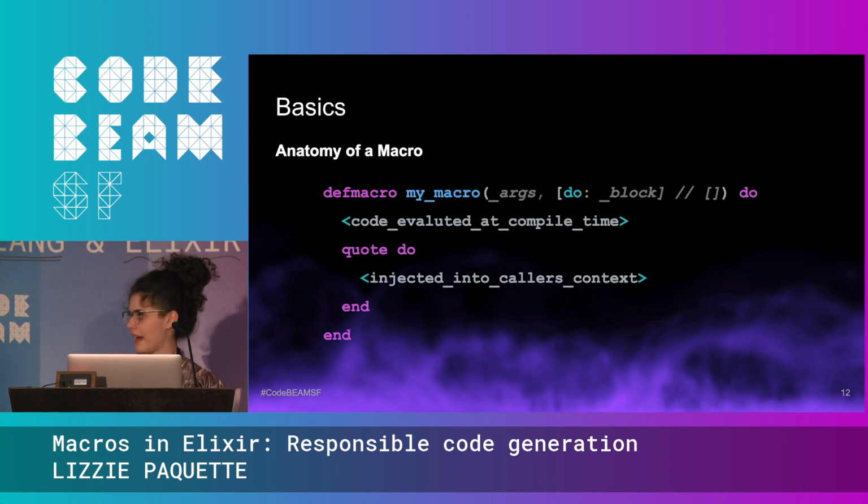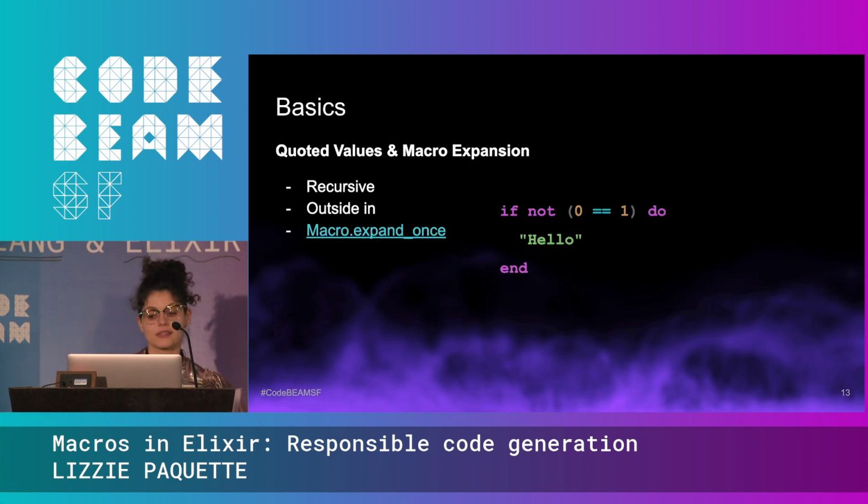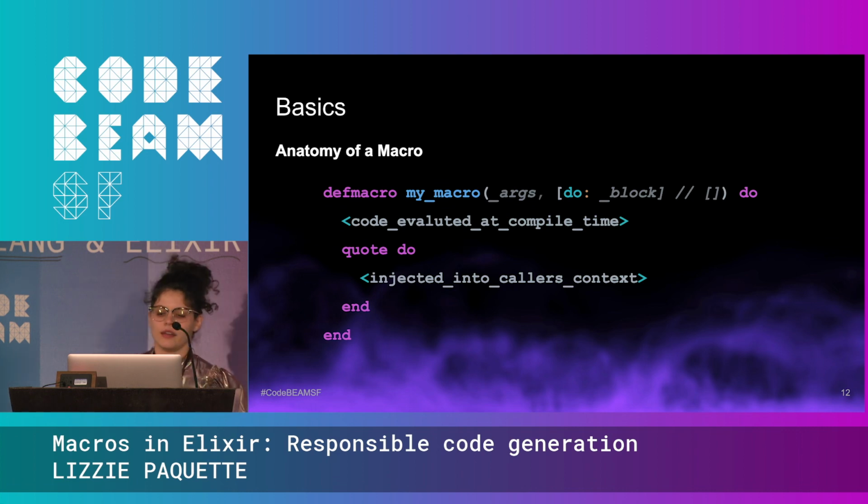Let's go over the anatomy of defining a macro in Elixir. This is what it looks like. There are 2 parts of the code that you need to be aware of: the code evaluated at compile time and the code that you are injecting into your caller's context. The code evaluated at compile time could be any code at all. You could start GenServers, you could have agents, and imagine this is all happening at compile time.